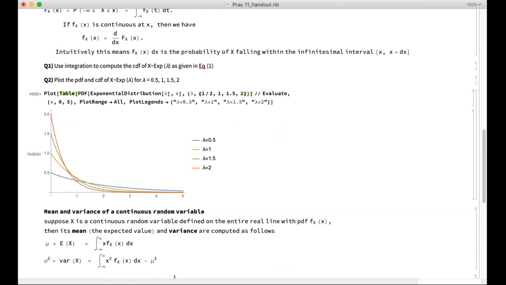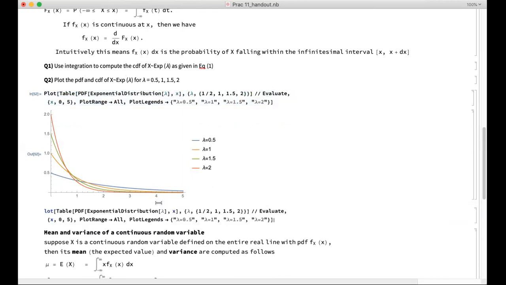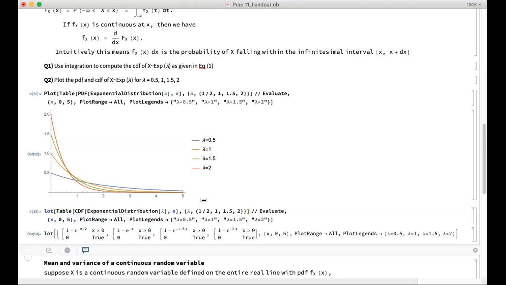And CDF is similar. Instead of PDF, you would use CDF.